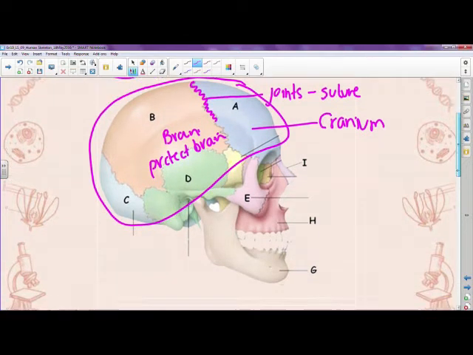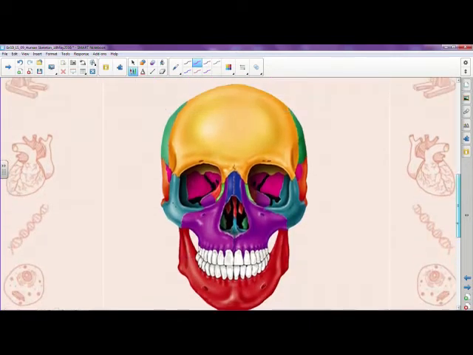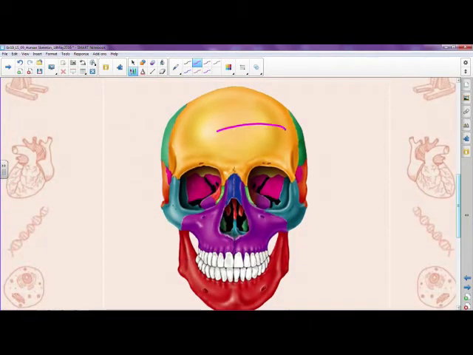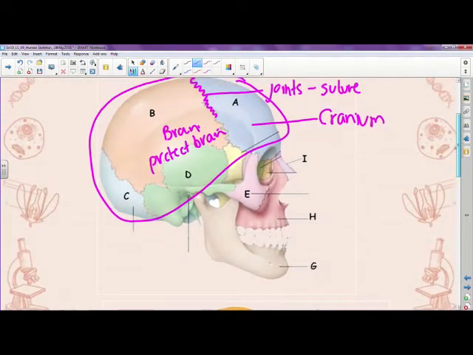Then that is why I put this diagram at the bottom here. Then you have the face, so this portion over here makes up the bones of your face. These bones at the top make up the cranium, and you will learn about the different areas when you study the brain, because for example, this is the frontal bone.